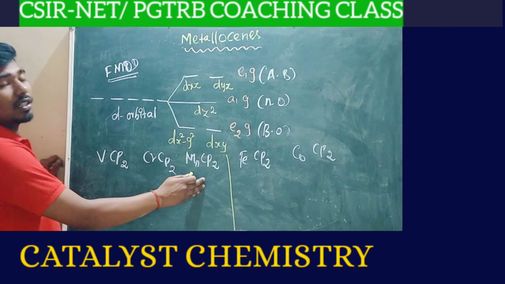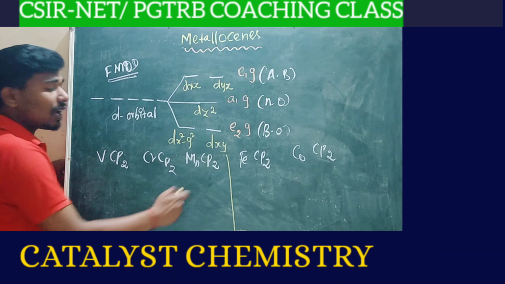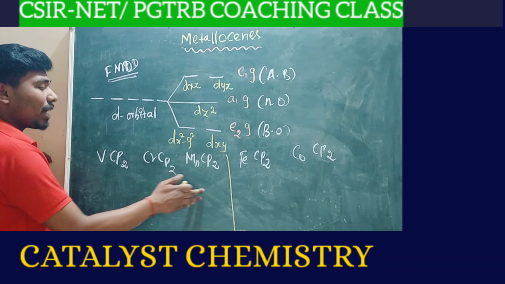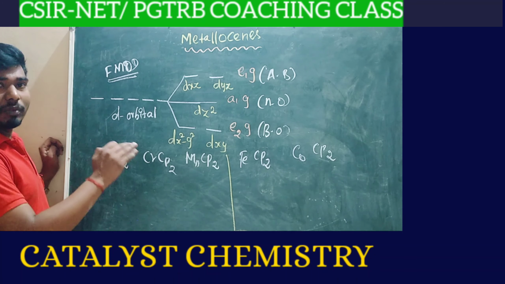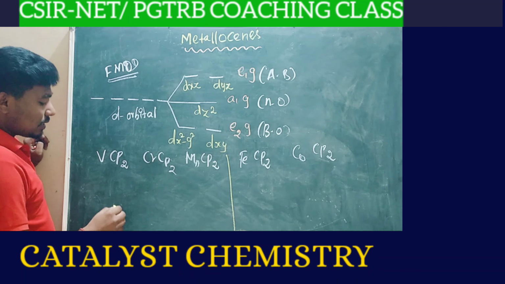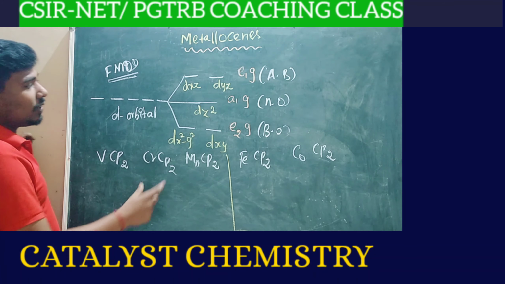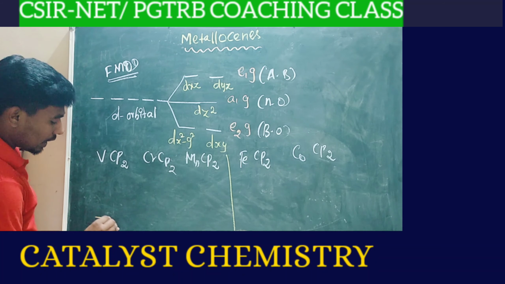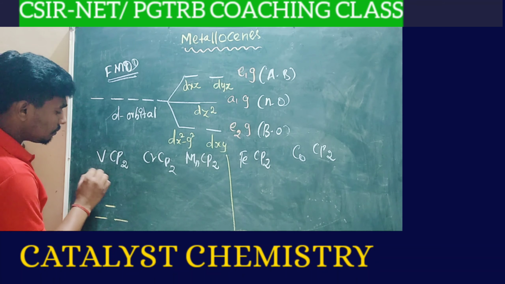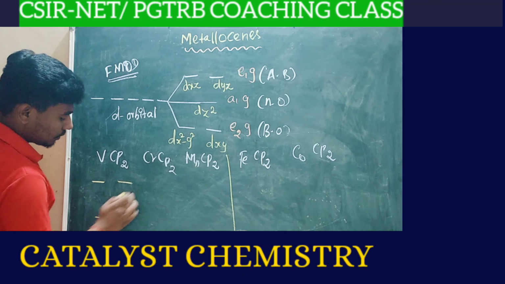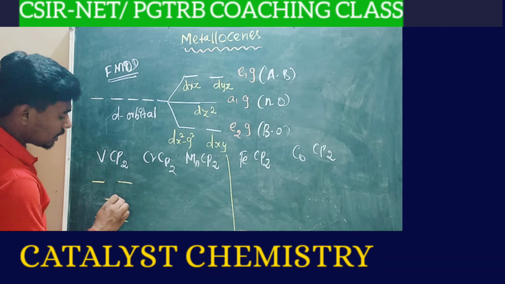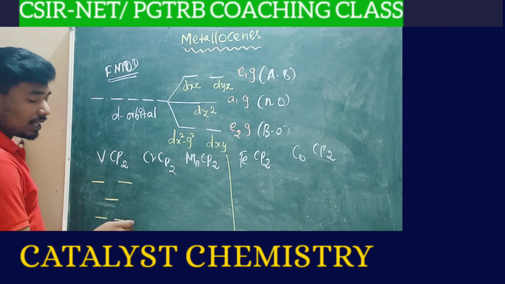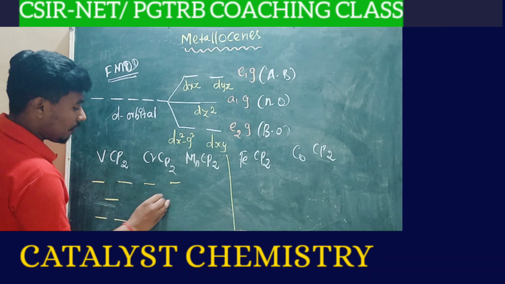Up to manganocene, these form high spin complexes. What do you mean by a high spin complex? The energy difference between these orbitals is equal, between all the energy states.